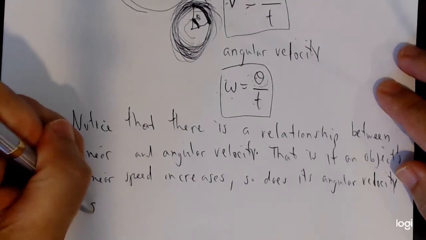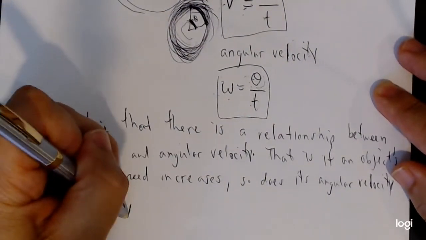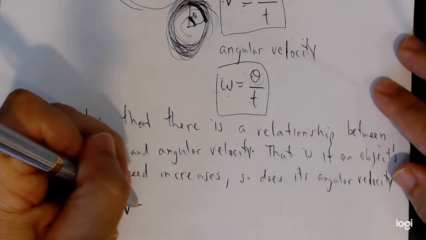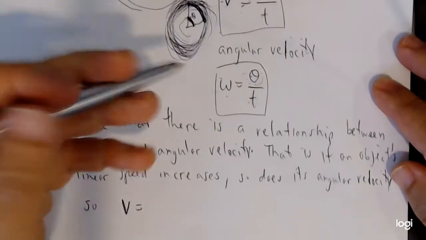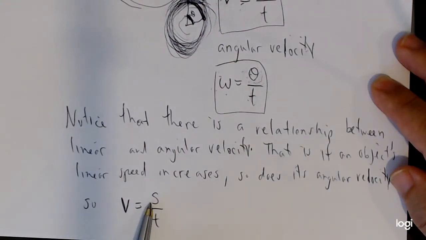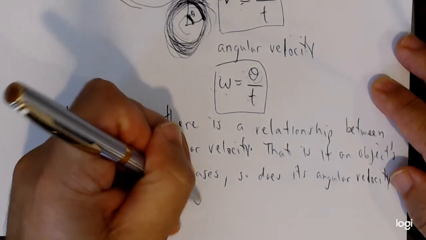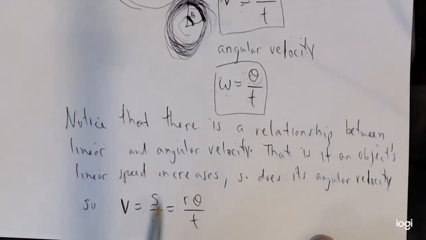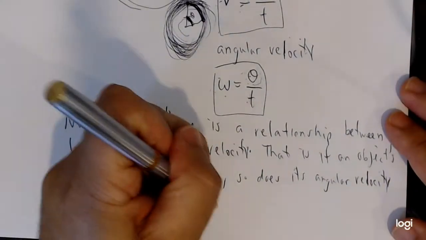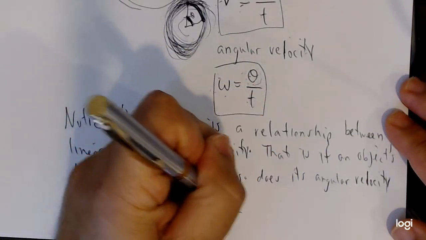Let's start off with linear velocity. If we have v, somehow I'm going to connect this to omega. By definition, v is defined as s over t. And earlier we said the arc length is defined as r theta, because s equals r times theta. So this is the same thing as r theta over t. Then if I factor out the r, I get theta over t times r.